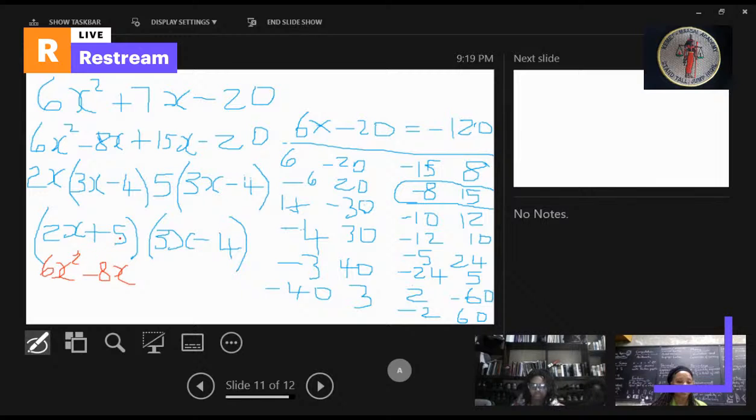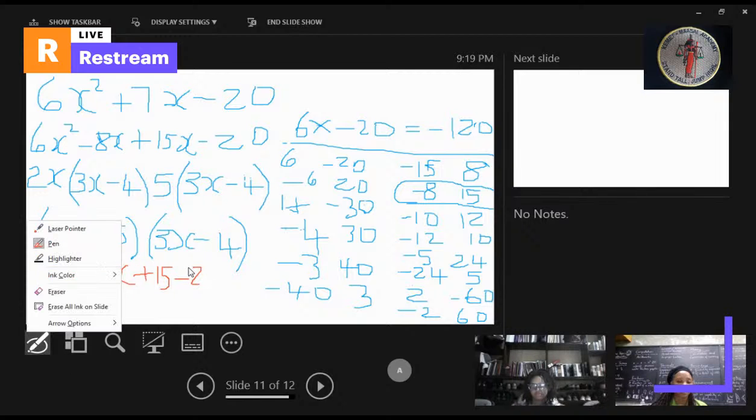And 5 times 3x, which is 15x. And 5 times negative 4, which is negative 20.